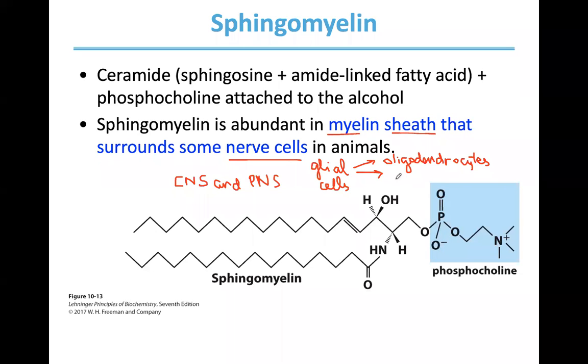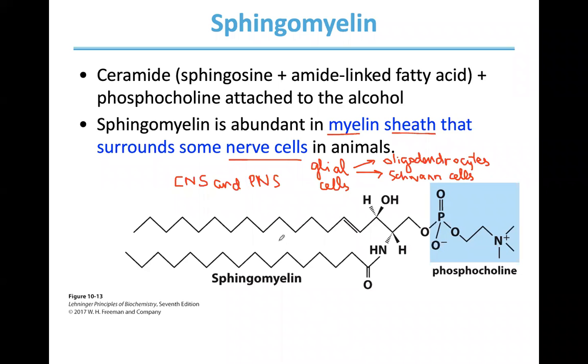And in the peripheral nervous systems, they give rise to types of cells known as Schwann cells. So these kinds of cells, oligodendrocytes and Schwann cells, they produce a lot of this lipid.